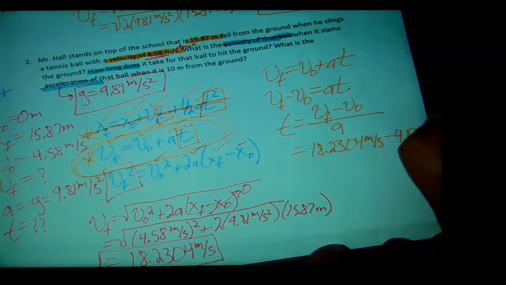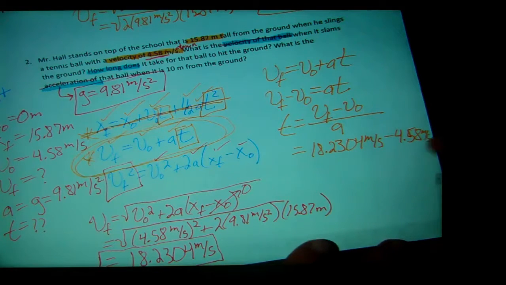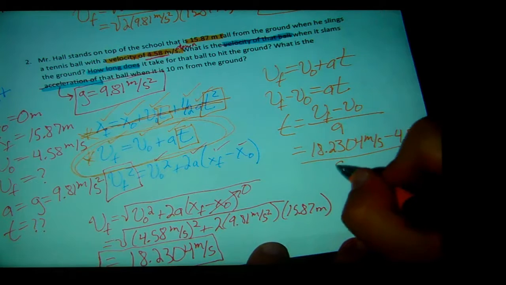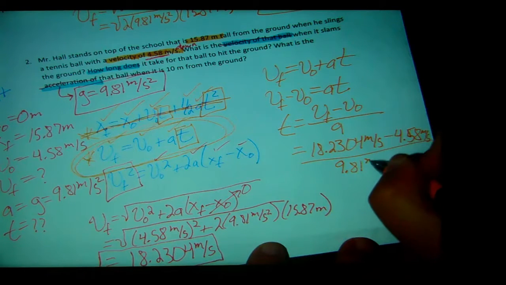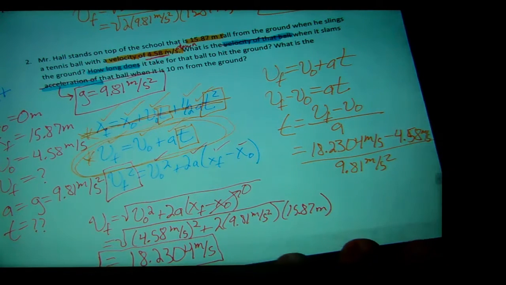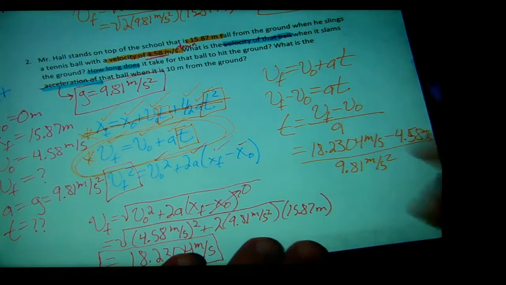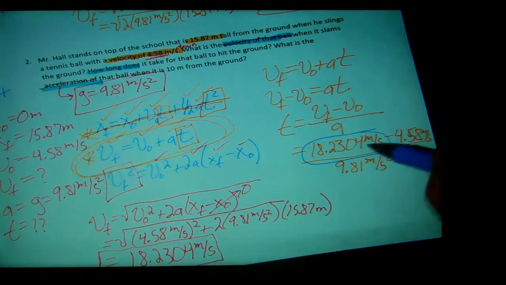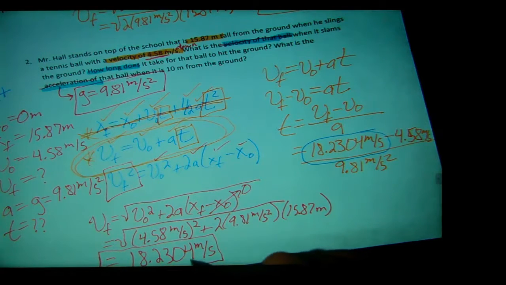So the initial velocity is 4.58 meters per second. Acceleration is 9.81 meters per second squared. I want to stress this to you right now: on this number right here, we solved for this number. If you have 2 decimal places slightly off here, you should still end up with 18.2.